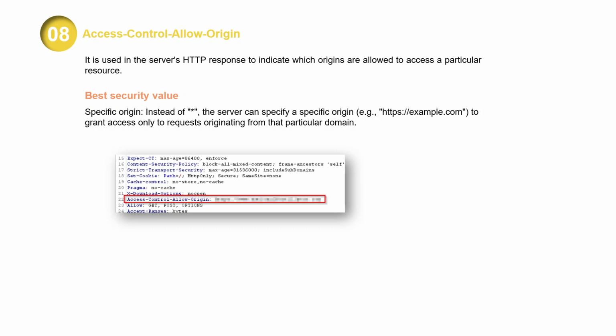We can define the origin for the resource here, and the worst practice is setting its value to star, which means it will allow content from any origin. So we have to make sure that we define the origin in the request and response as well, and make sure that it is not set to star or wildcard.